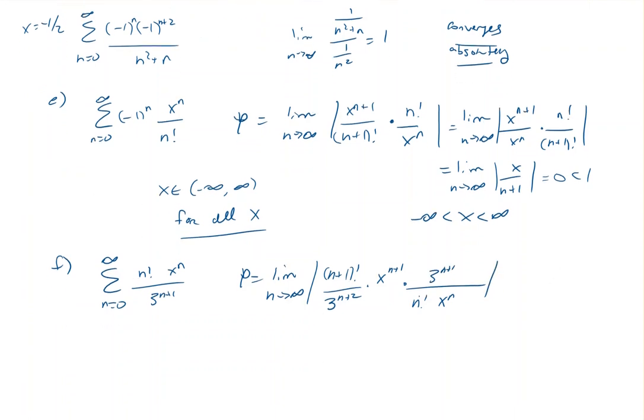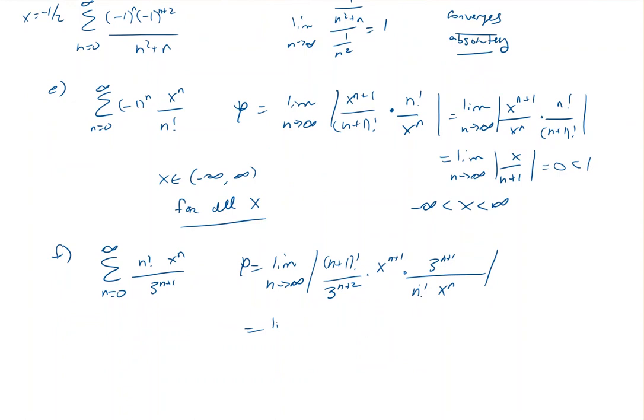Okay, so what does that leave us with? The n plus 1 over the n goes to n plus 1. The x to the n plus 1 over x to the n goes to x. And the 3 to the n plus 1 over 3 to the n goes to 3. Okay, we want this to equal 1.